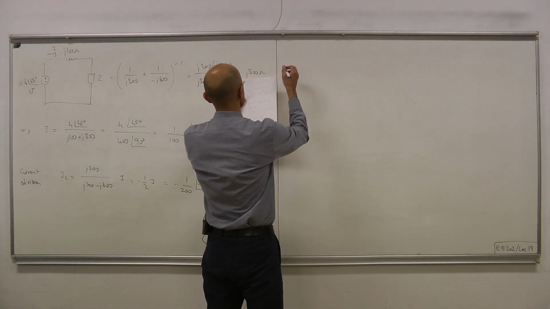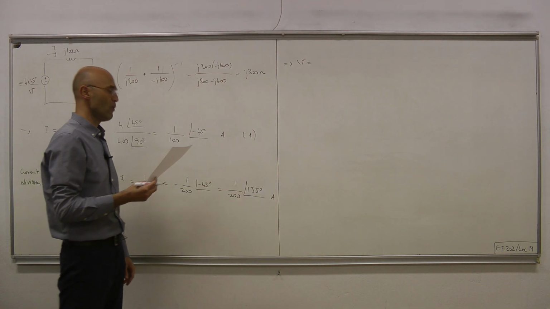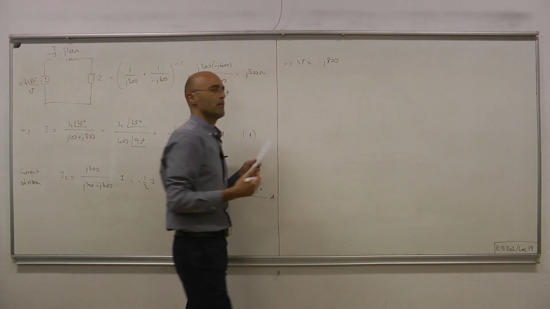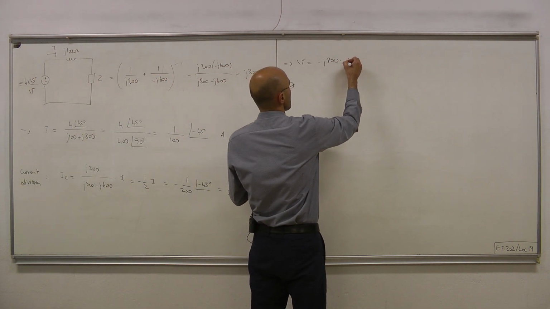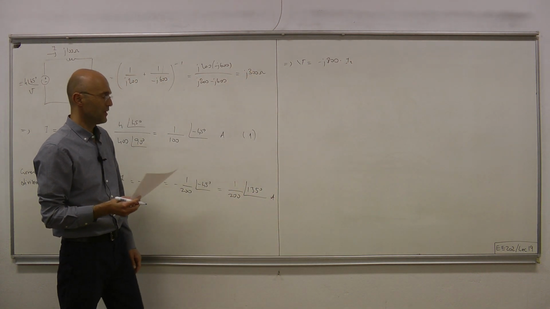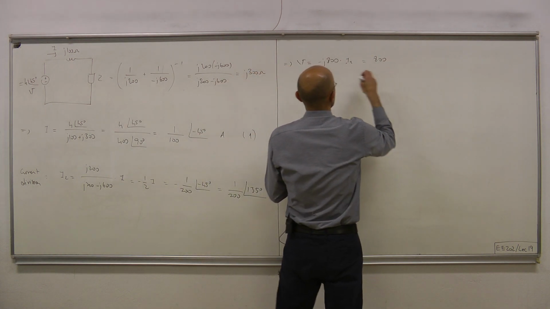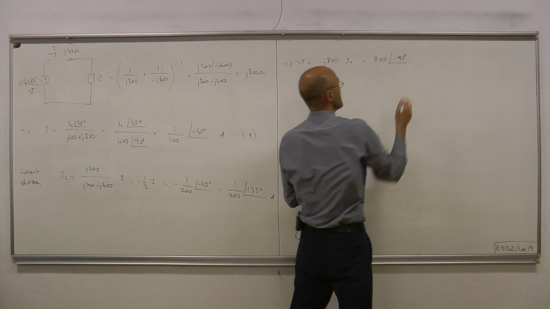So finally, V, the phasor of the capacitor voltage, equals the impedance of that particular capacitor, which is minus J800, times I2, which we just computed. So that's 800. This minus J produces minus 90 degrees of phase.